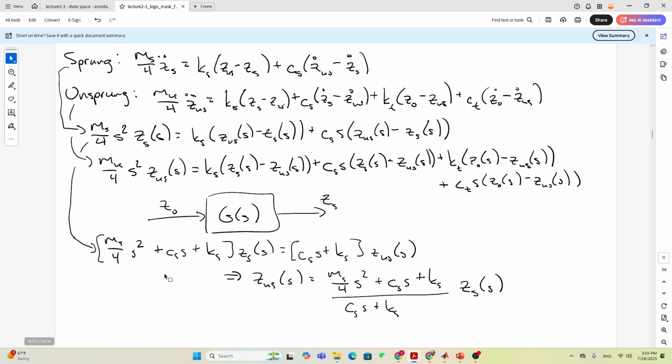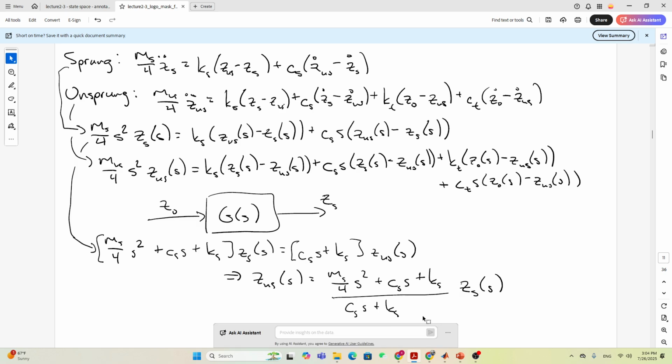So as of now, if you check your sprung mass equation of motion and translate it into the Laplace domain, you move everything to have Z of US on one side and Z of S on the other side.